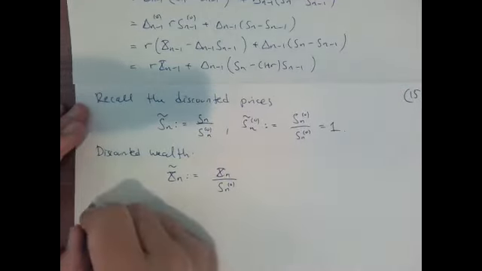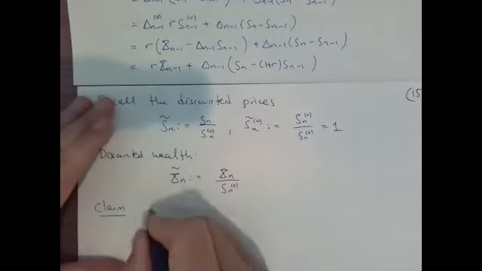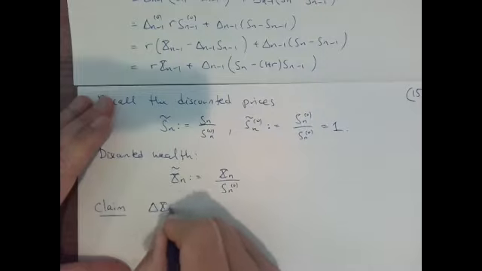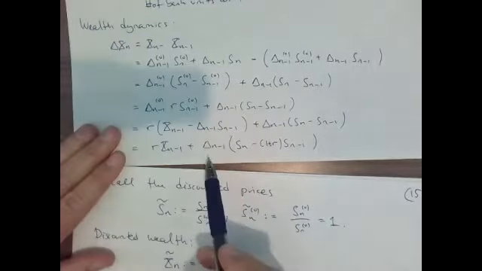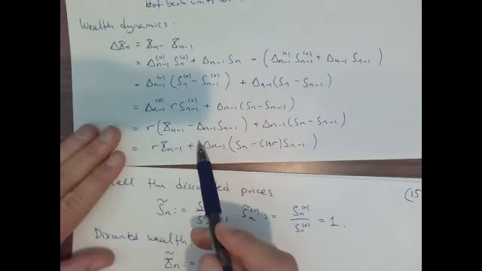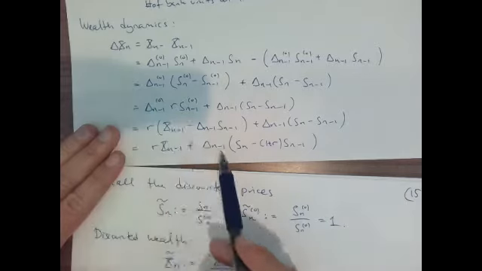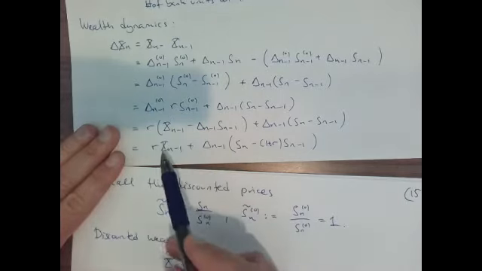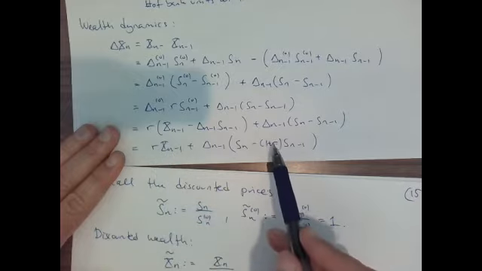And so I claim that if I look at the dynamics of the discounted wealth, these dynamics here, they look the way that they do. But in the discounted market, you can kind of see that the interest rate is 0 in the discounted market. So you should get much simpler dynamics for the discounted wealth. It amounts to taking r equal to 0. So this term here is going to be gone, and this term here is going to be gone.